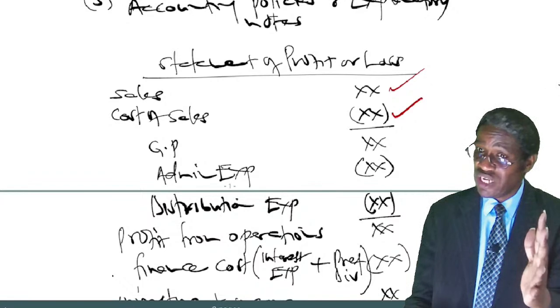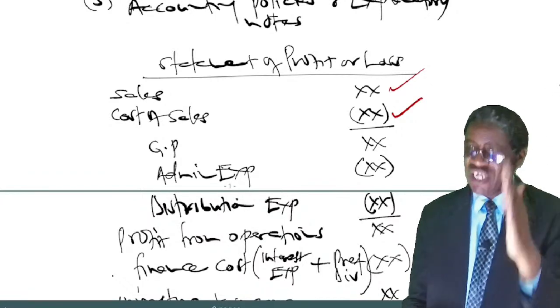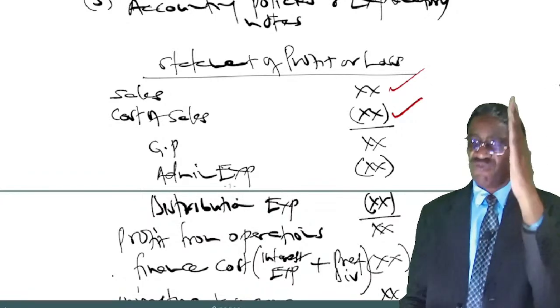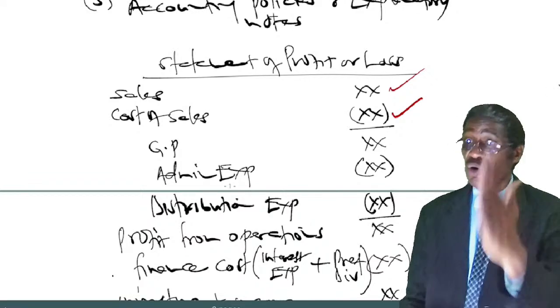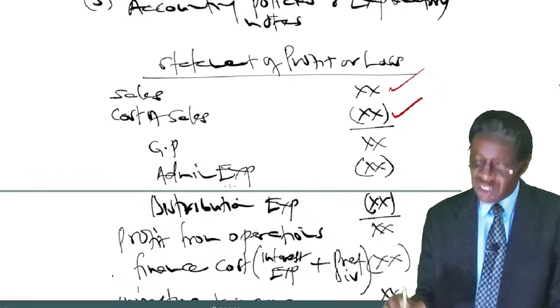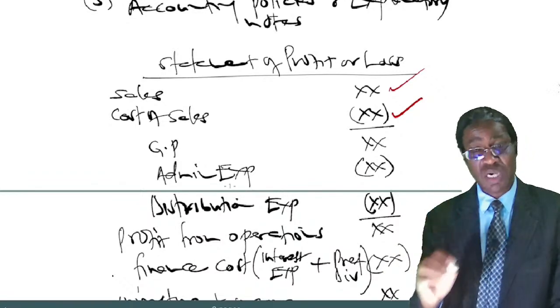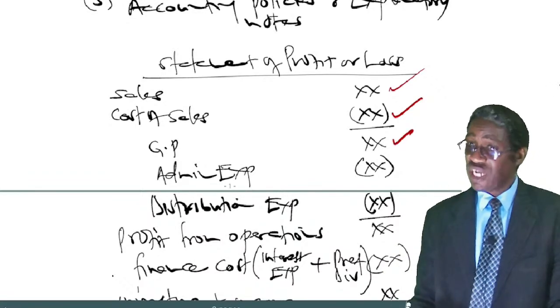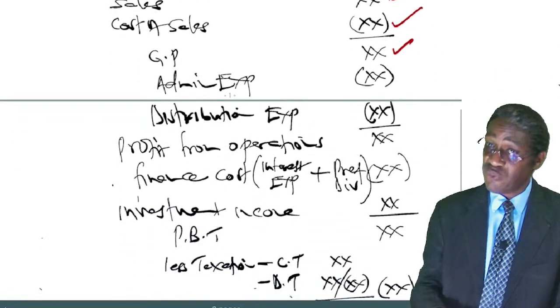You know how to get the cost of sales, but don't show the workings of the cost of sales on the face of the income statement. Work it out somewhere and bring it as a single amount. Get the GP, then minus the expenses.